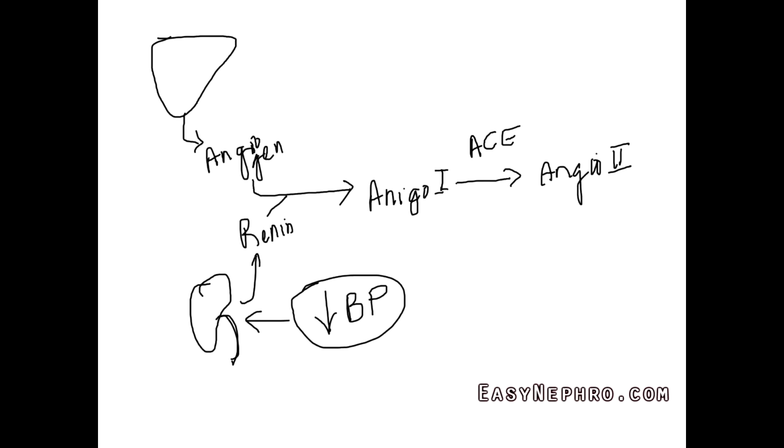Now ACE is released by most of the endothelial cells, and mostly because of the thicker concentration of such cells in the lungs and the kidney, these assume a major role. Now, angiotensin 2 is the main player of the game. All the effects of the system are delivered by angiotensin 2.